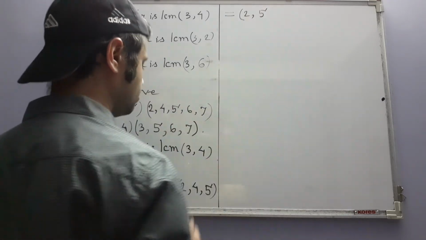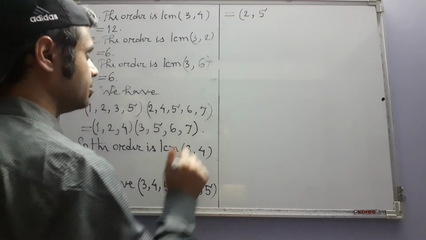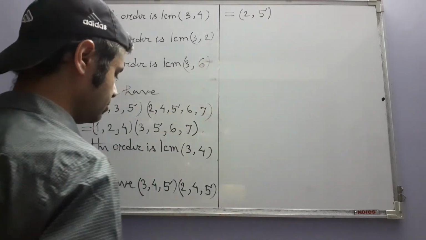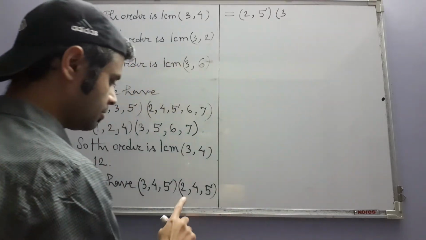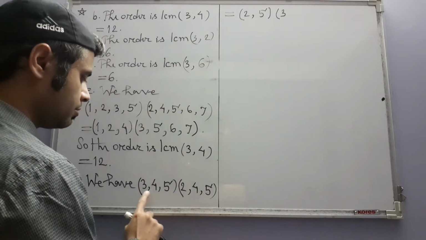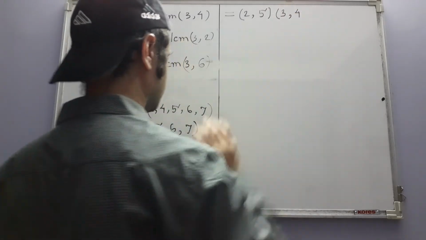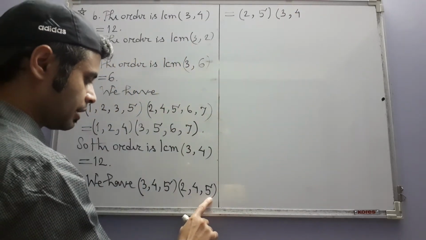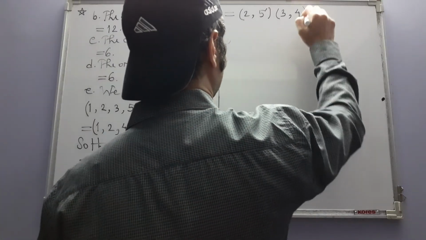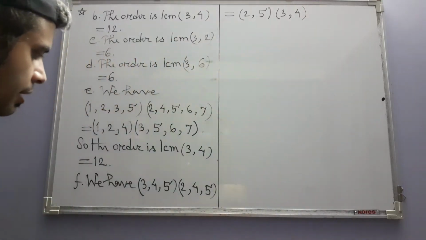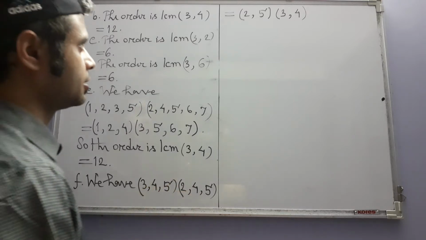So 2 to 5. 5 to 2, and that's it. So 5 to 2. Then let us take 3. 3 does not appear here. 3 goes to 4. 4 to 5, 5 to 3. So 4 to 3. Anything else? 2, 3, 4. Yeah, that's all we have.